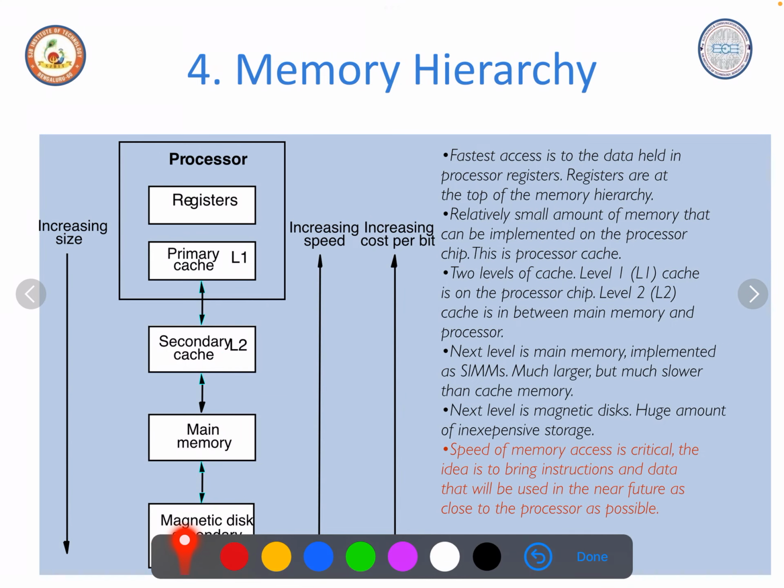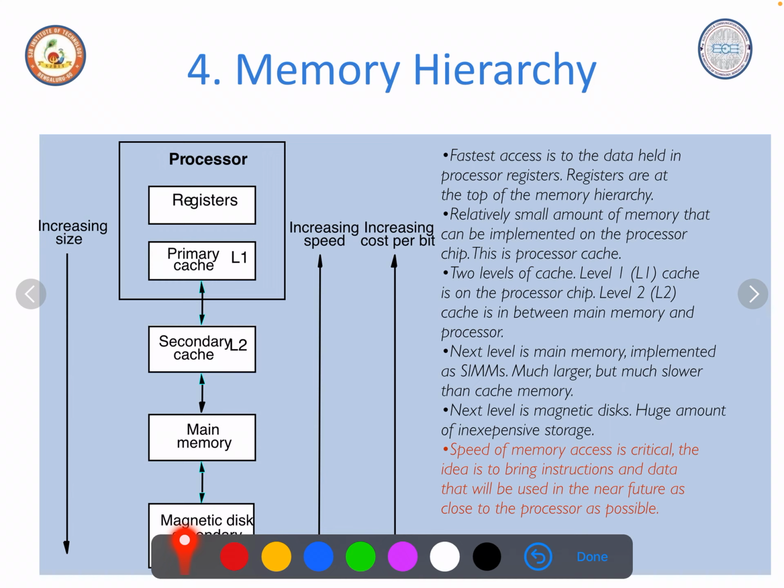So this is the memory hierarchy. One can notice here you have a processor. In the processor you have memory in the form of registers and a primary cache memory, L1. L2 is also cache memory. The primary cache memory is within the processor, and the secondary cache memory L2 is outside the processor. Then below that we have the main memory, then below that the secondary magnetic memory, the magnetic disk.